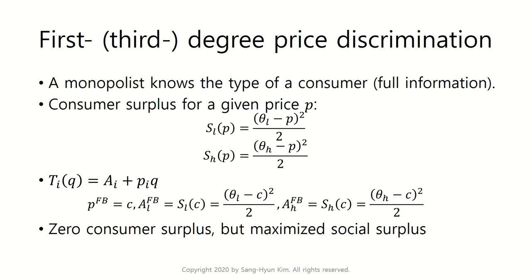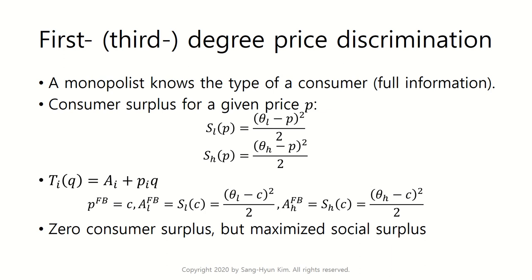The price is individual specific, so we have subscript I. TI is the price that type I consumer must pay for a given quantity Q. It can be written as AI plus PI times Q. There are many ways to write this price, but this is one of the most intuitive ways to write down the first degree price discrimination, and it's quite flexible.